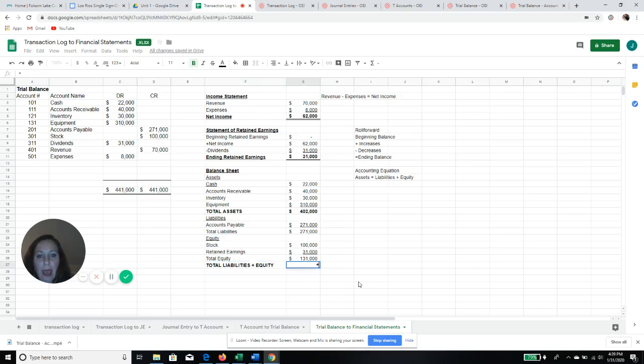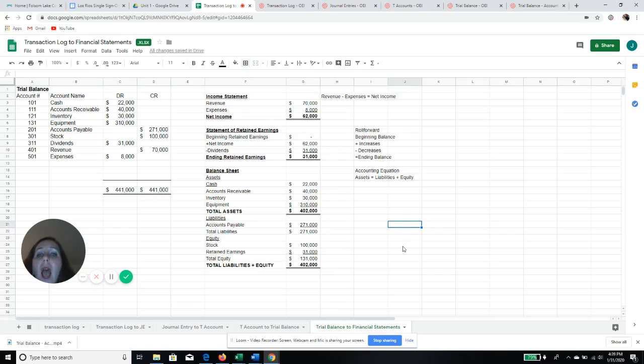And we're going to add our equity plus our liabilities. And we get $402,000. So our total assets are $402,000. Our total liabilities plus equity are $402,000. So our balance sheet is in balance, and we'll give it the 2 double lines.